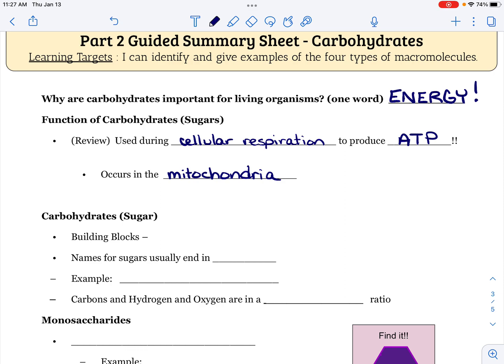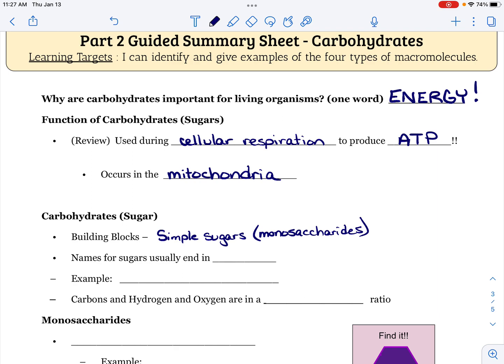We've already talked about this when we talked about energy production in our bodies. So the building blocks of carbohydrates are called simple sugars. They have a fancy name of monosaccharides. If you break that down, mono means one, saccharide means sugar.